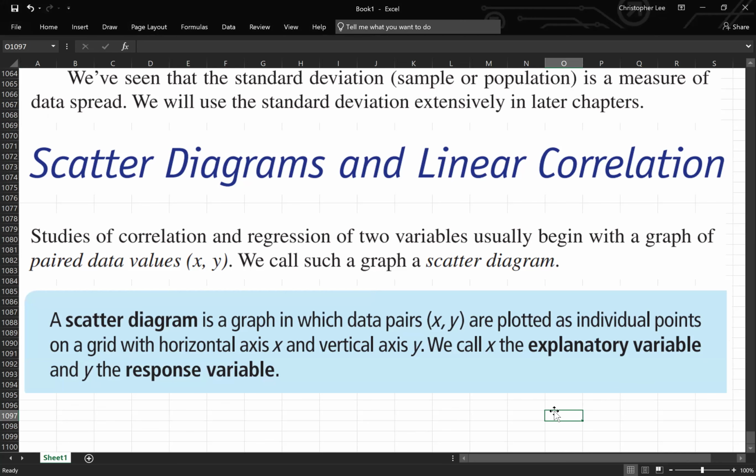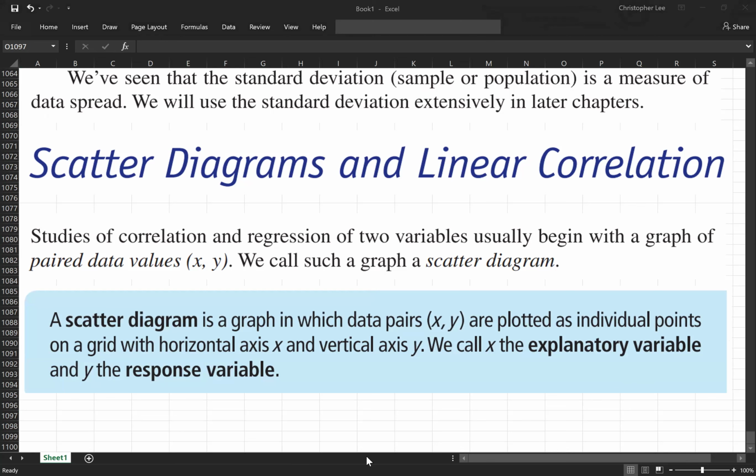We call x the explanatory variable and y the response variable. Again, a little bit technical there, but long story short, whatever value you plug in for x, you get a y value out. That's all you need to know. And then by looking at the relationship between x and y, you can see if it's a linear correlation or not.